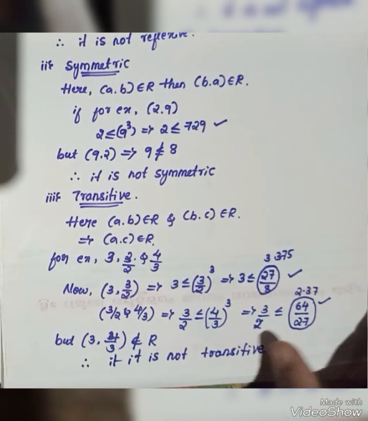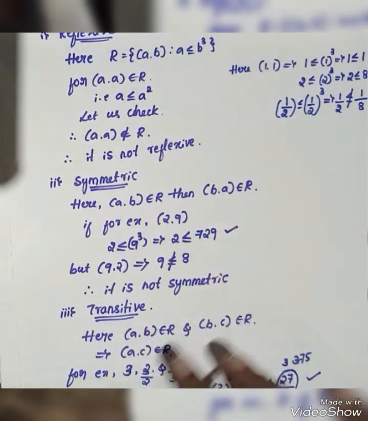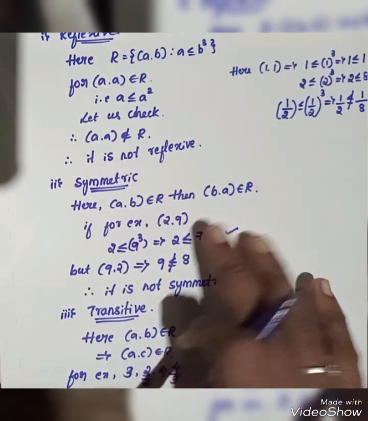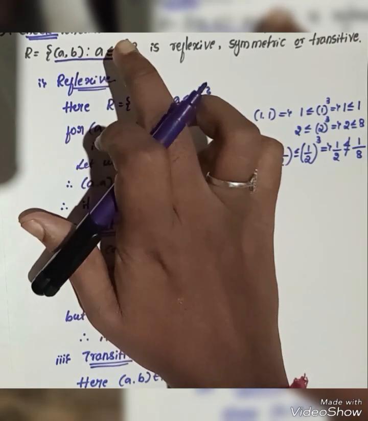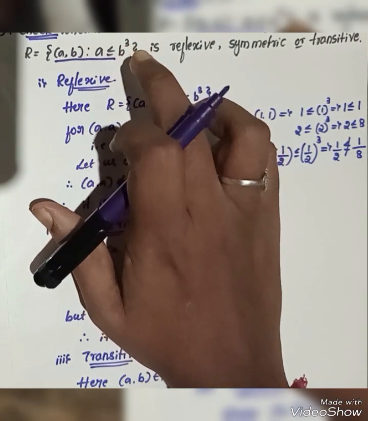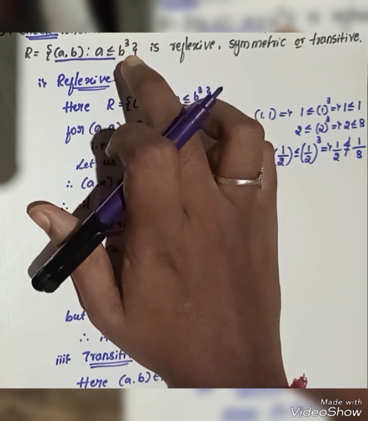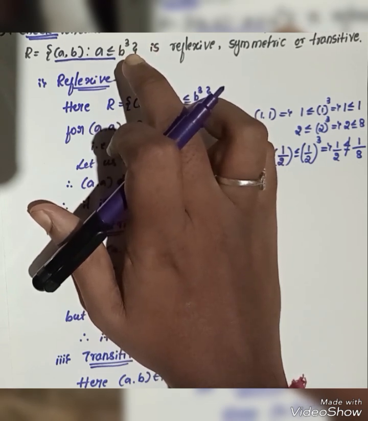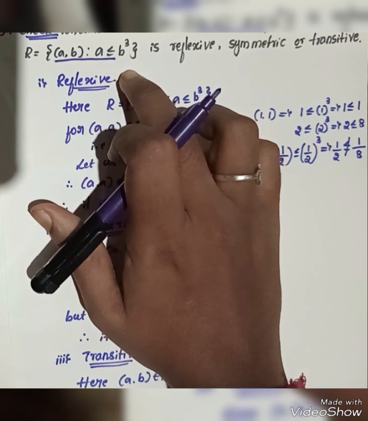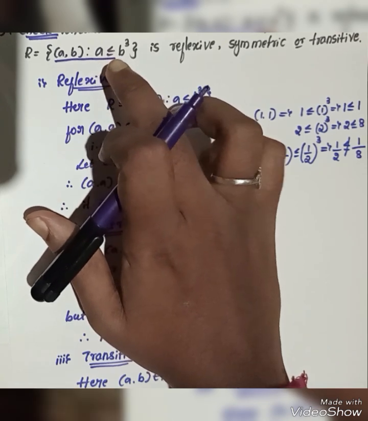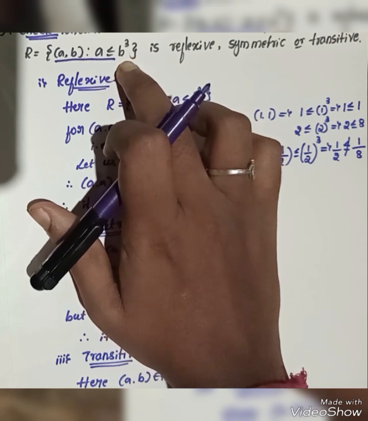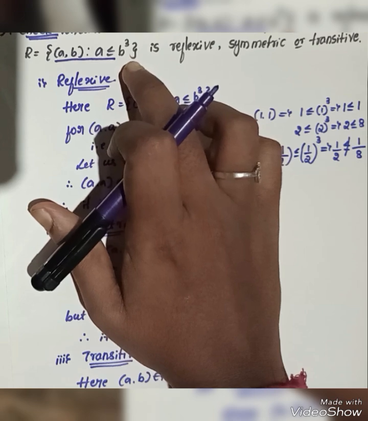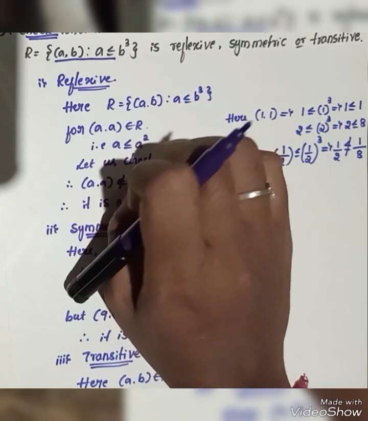Remember here, wherever in the relation (a, b), a is less than b cube or b square, the relation is not reflexive, symmetric and transitive. Other than that, while taking (a, b) with a less than or equal to b, then the relation is reflexive, transitive, but not symmetric. Okay, it should be remembered.